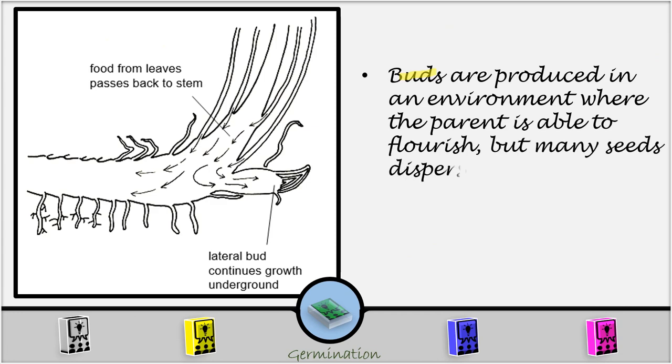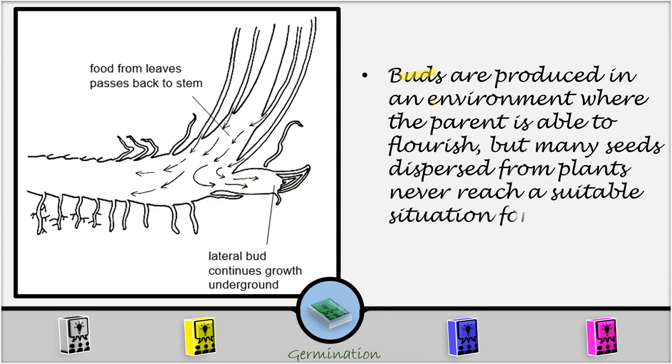Plantlets are produced in an environment where the parent is able to flourish. But many seeds dispersed from the plants never reach a suitable situation for effective germination.